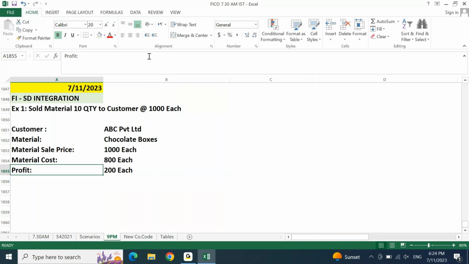Now, assuming that this is the requirement, one piece of information that we could not get is your cost. Whenever you are performing any sale, you will not know the cost of the material, because you will mention only the sales price. Your profit is always sales minus cost of goods sold.